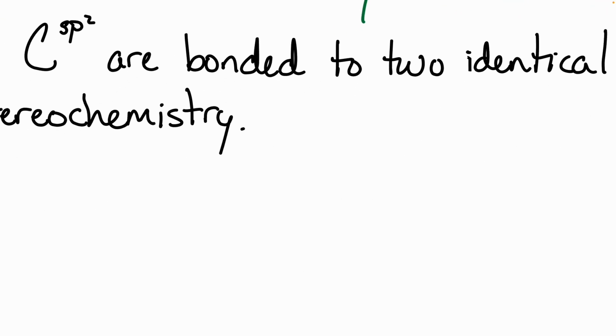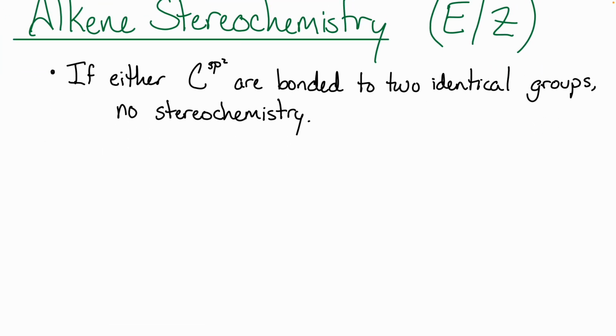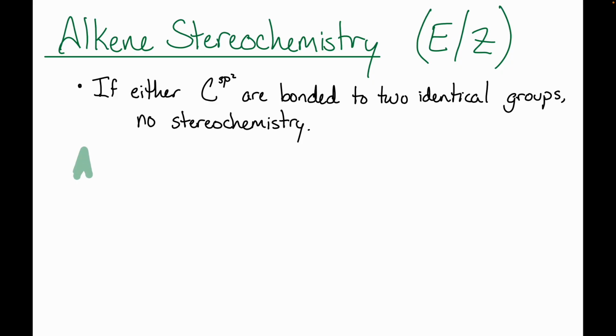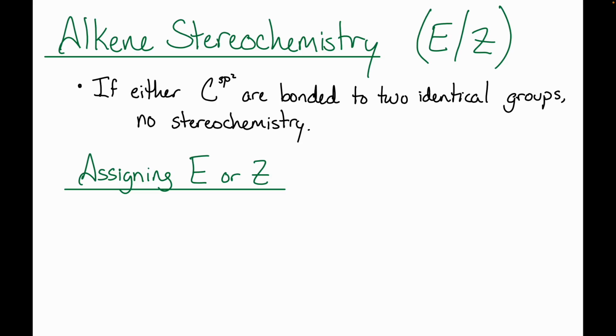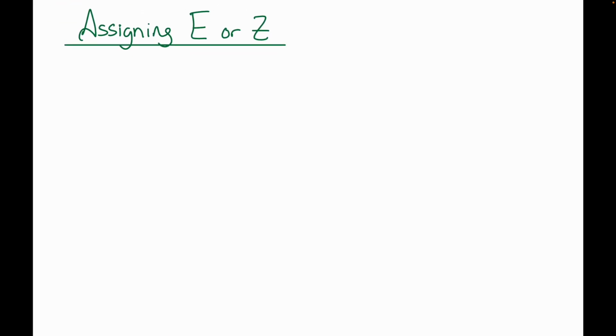All right, so how do we go about assigning E or Z stereochemistry? Let's put an example down here.